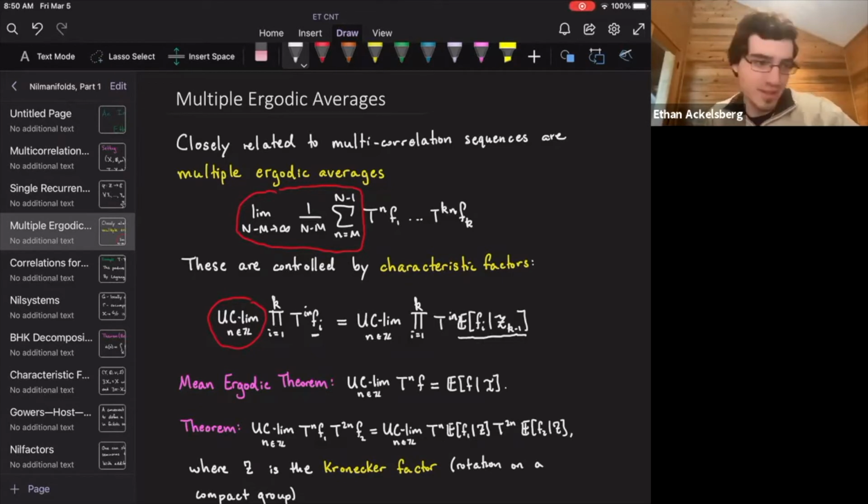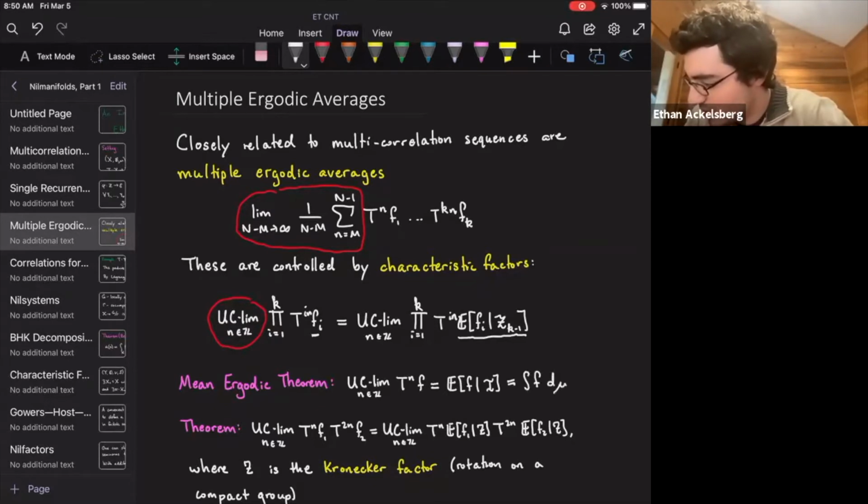So this is classical, it's just the invariant ergodic decomposition of L2. And the ergodic theorem is useful all over the place. And of course, if it's ergodic, this is just the integral of f.